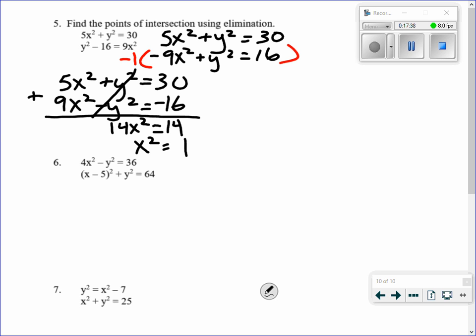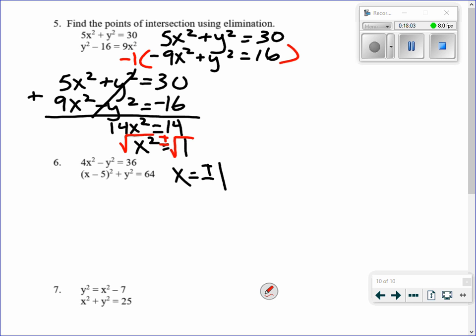So what is x equal to? Plus or minus. Our number one mistake, everybody. Plus or minus 1. It's not going away. Remember, every time I'm solving by taking that square root, I have to add that plus or minus. So x can be plus or minus 1.